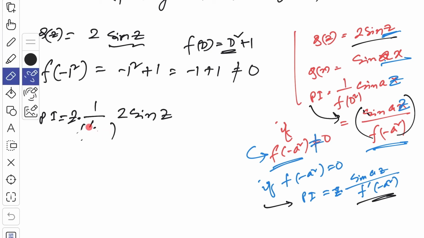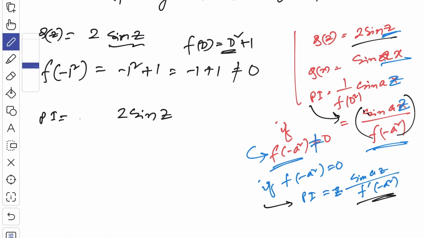So this should be our PI. Let me write clearly. So this is our PI, z into 1 by f dash of minus 1 square into 2 sine z. But what is f dash of minus 1 square here?